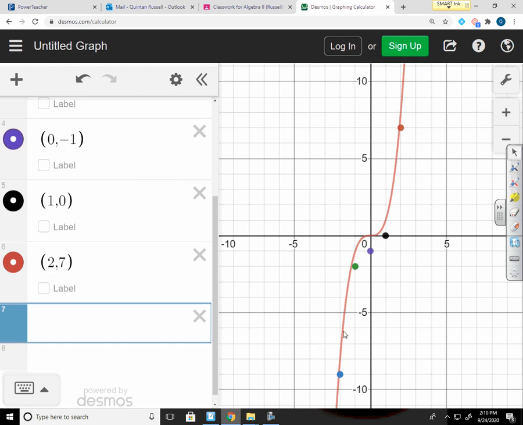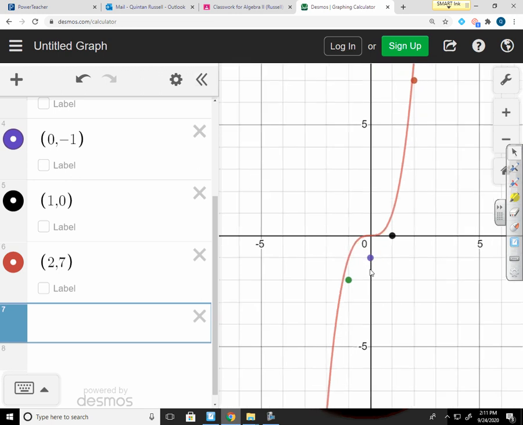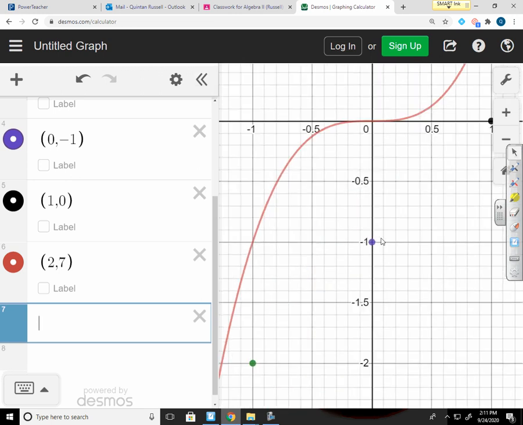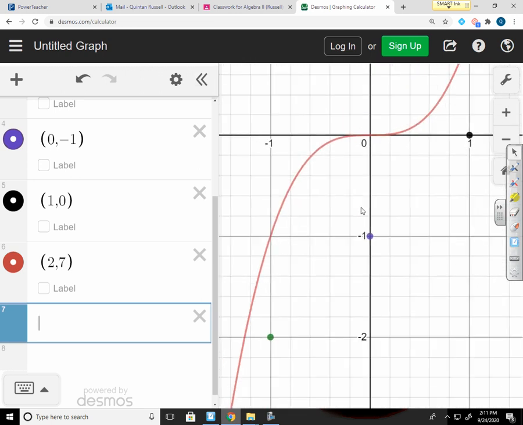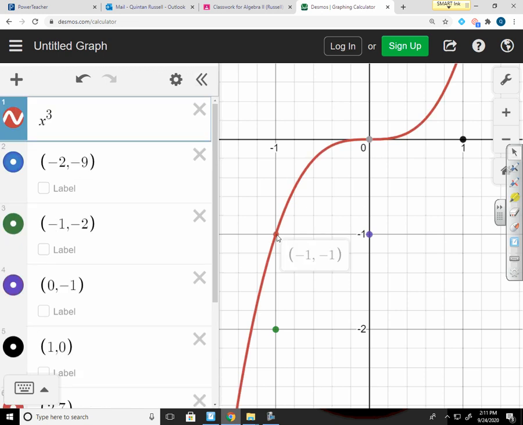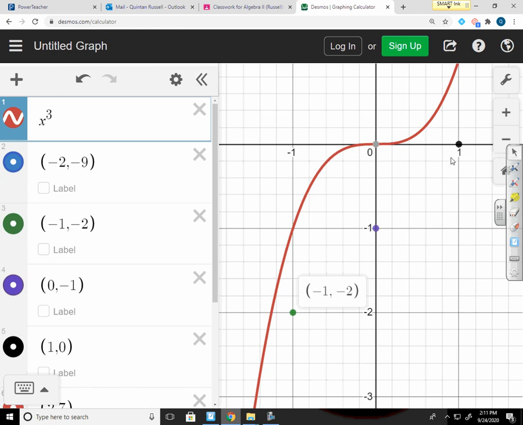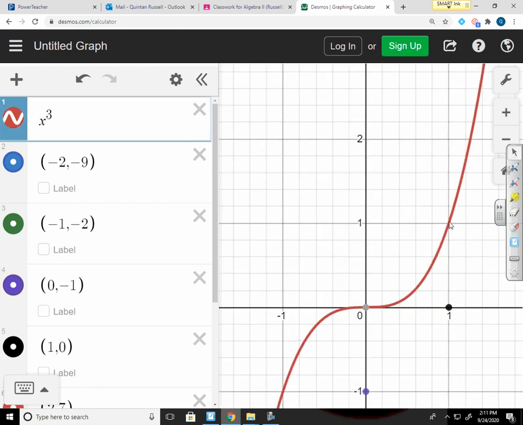Okay, so when I look at this now, I can see that my middle point has dropped down, and I can zoom in to -1. This point here dropped down 1 full unit. This point here dropped down 1 full unit.